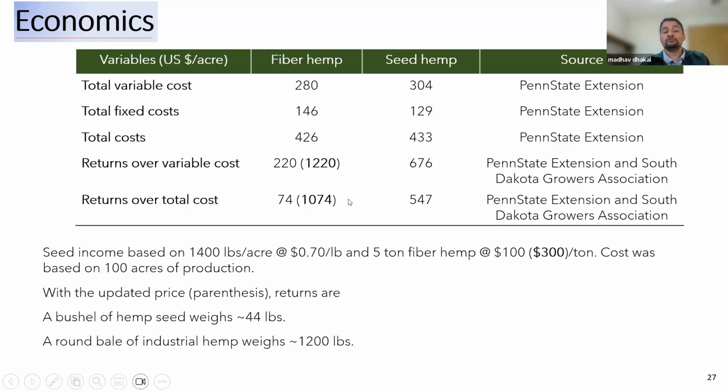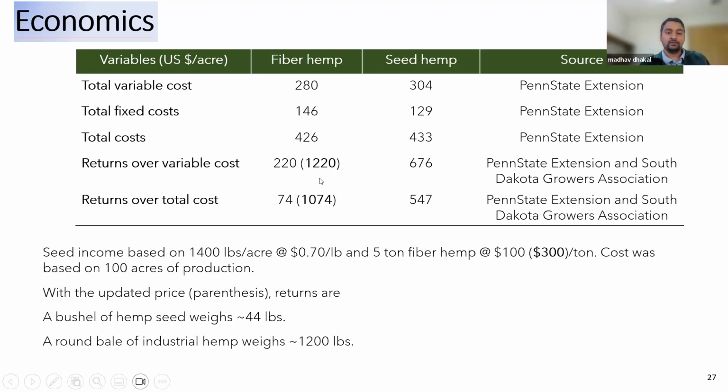But according to my conversation with the president of the association, you can see the price here, $300 per ton. This Penn State data is based on $100 per ton, but putting $300 there, and with the production that we got, like 5 to 10 tons per hectare here in Pennsylvania, I calculated based on that.